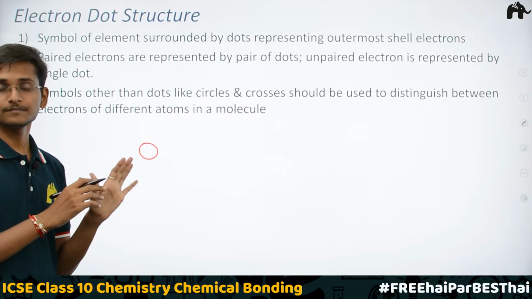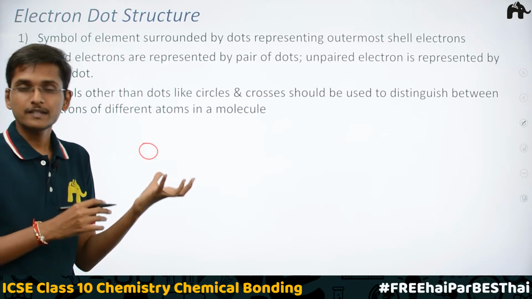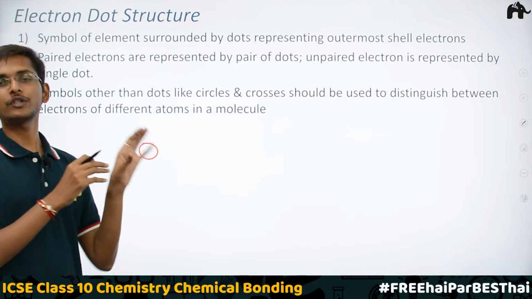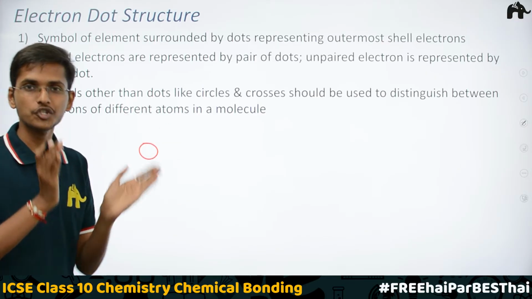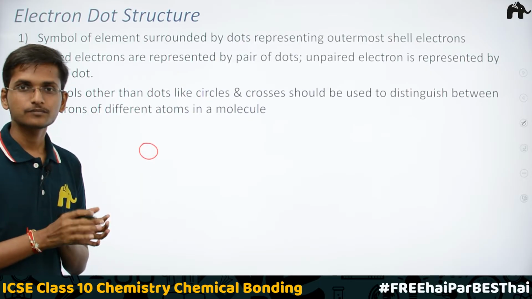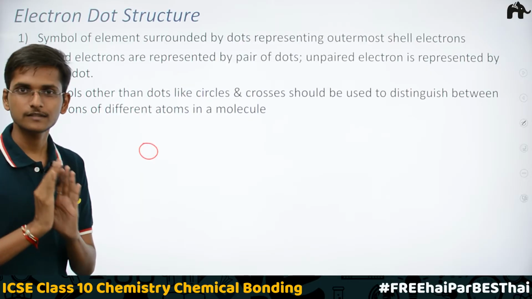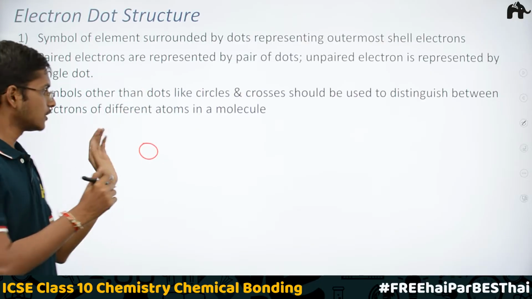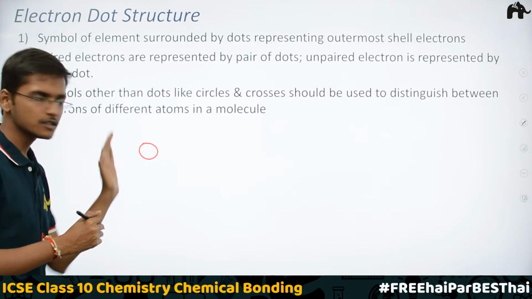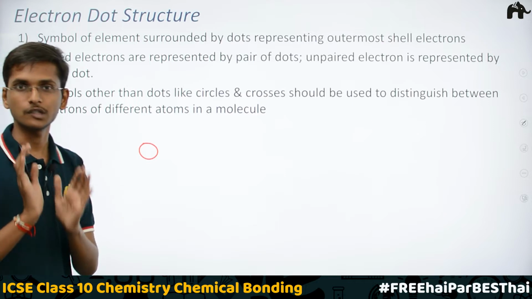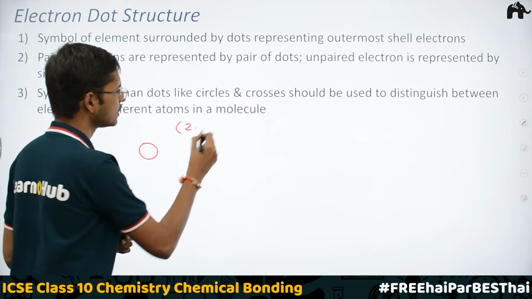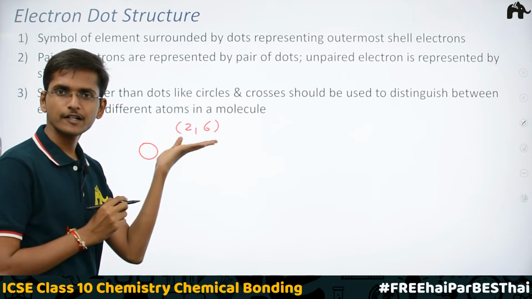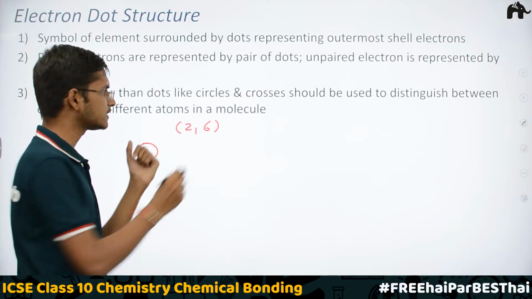Then the rule says that you represent the outermost shell electrons with the help of dots. So there comes the name electron dot structure. I know oxygen's outermost shell has 6 electrons. From its electronic configuration we can get this.